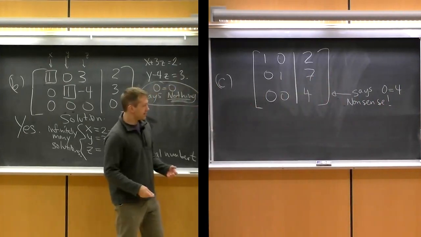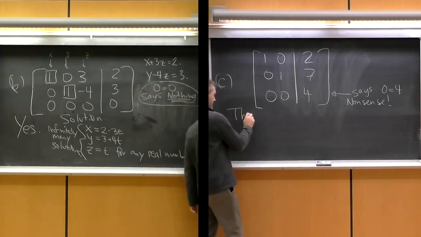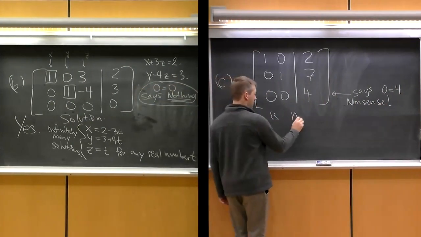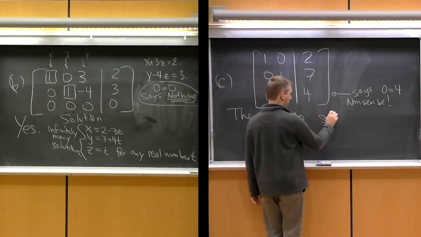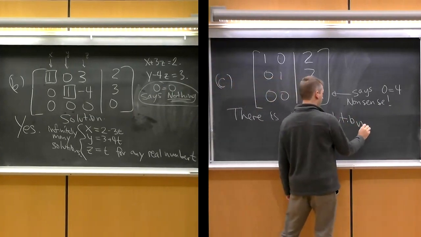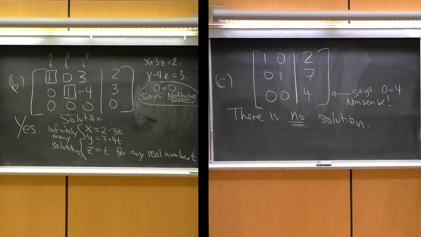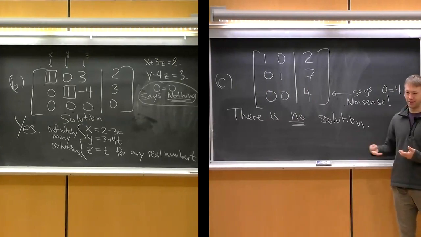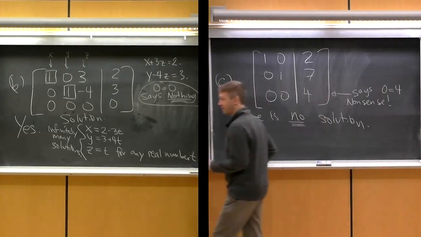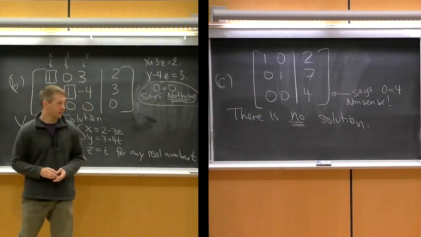What that means is that there is no solution. So if it asks you to find the solution, your answer should be there is no solution. You shouldn't give any kind of specific answer for this one, right?